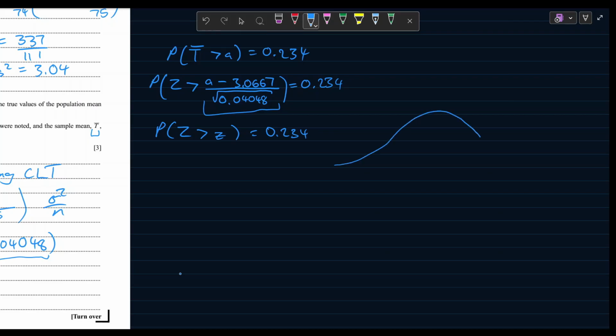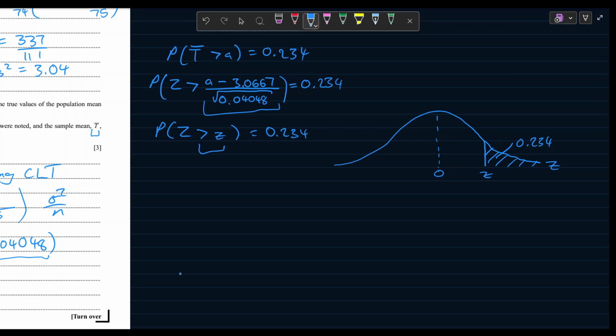So just to visualize what we're looking at, we've got our bell curve and 0 is somewhere there. The probability that z is greater than z is roundabout 0.23, so close to 20%, on this side, and this area should be 0.234.